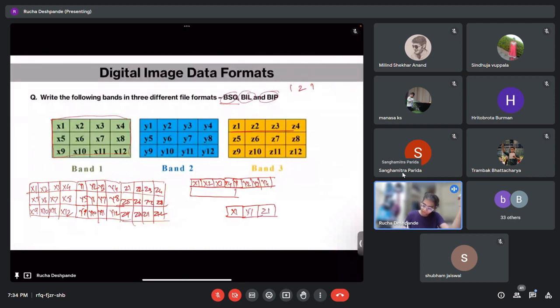Then again there will be the second pixel of the first band, second pixel of the second band, second pixel of the third band, then we will have x3, y3, z3, and x4, y4, z4. This is band interleaved by pixel.